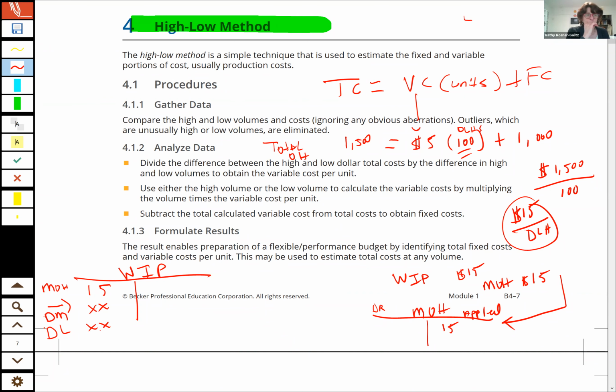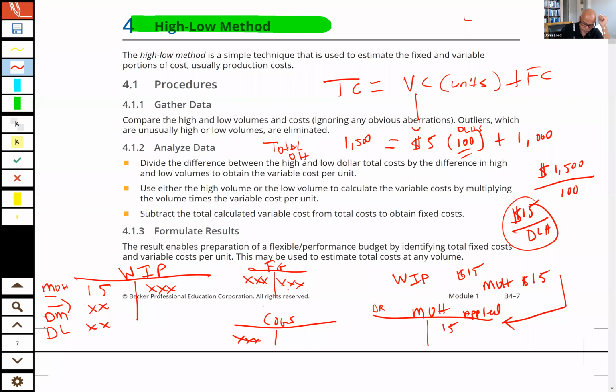So we debited our manufacturing overhead, and then as these things are done, we do what? We credit work in process, we debit finished goods, and when we sell the stuff, we do what? Cost of goods sold, and we credit the finished goods, right?